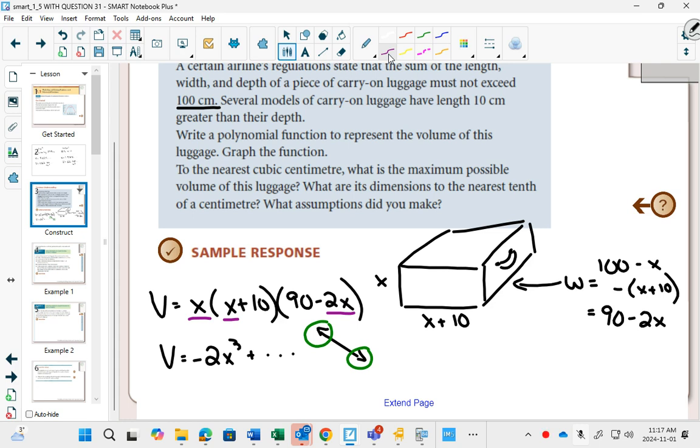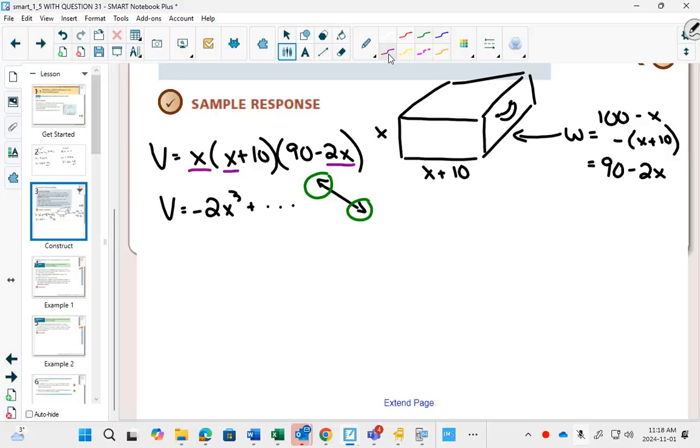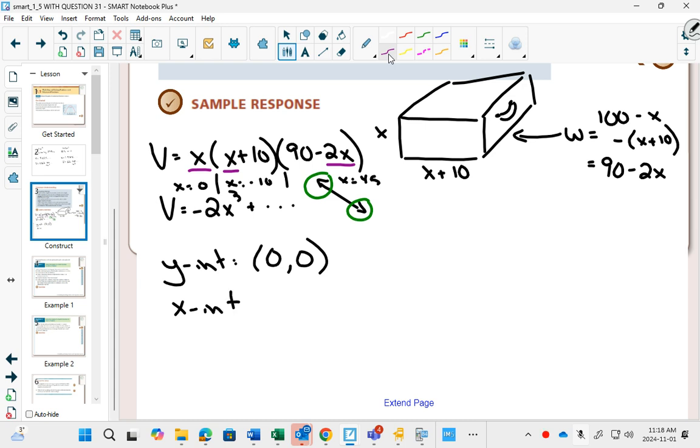It's factored, so I could find my y-intercepts and my x-intercepts easily. Y-intercept is plugging 0 in for x. Oh, this is nice. 0 times anything is 0. And my x-intercept, if I split this up, this one's 0, this one's minus 10, and this one's 45. Obviously 0, 0 being a y-intercept is also an x-intercept.